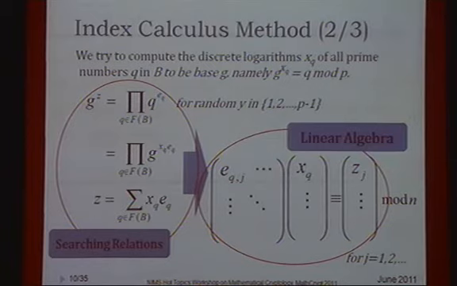Okay? As I said before, the number of primes smaller than B can be estimated by the prime number theorem. Then we can know the size of the matrix here. It is as large as B over log B.